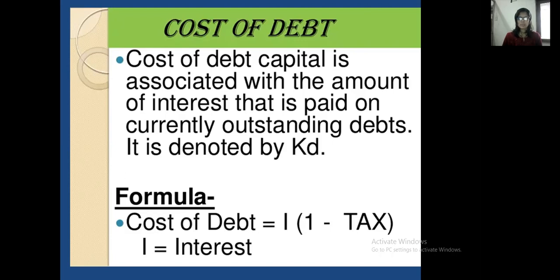So cost of debt capital means the cost associated with the interest that is paid on currently outstanding debt. It is the cost which we have to pay for using these funds, and it is denoted by Kd, capital K, small d. The formula for cost of debt is equal to I (1 minus tax rate), where I means interest.